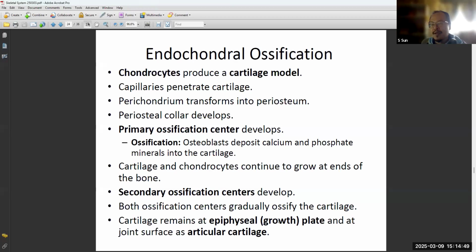And this epiphyseal plate will become squeezed until in the end it will be just a line, because it was like a plate, but both ends will push on it and start ossification on it. When the bone grows into adulthood or early adulthood, it will not keep on growing.